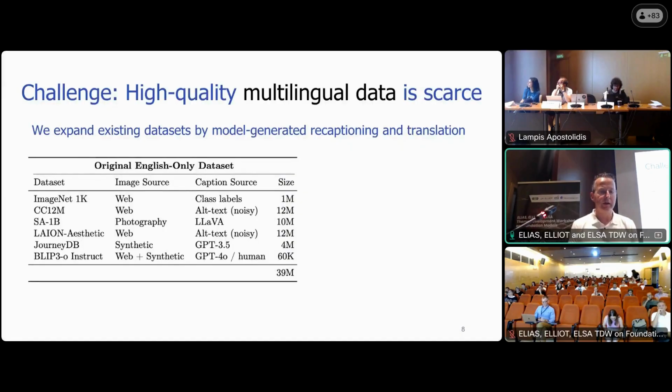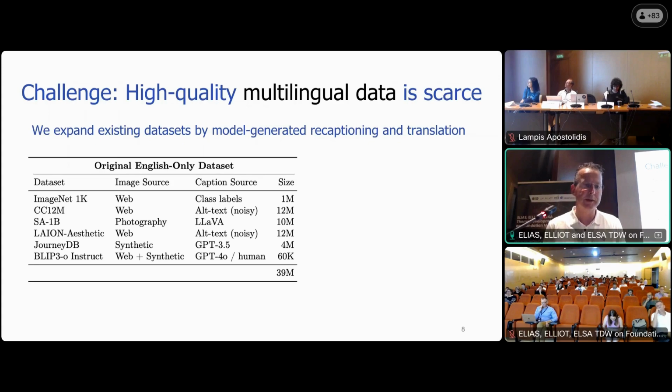All right, so I'm going to talk about the different contributions and what we did to get to our model. Let's start with data, the thing that is so crucial and nobody wants to work on. There is already a lot. Here are a bunch of datasets that are available, but they are all focused on the English language.